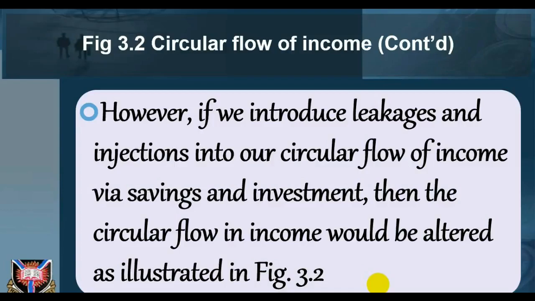This represents an injection into the circular flow. An injection is an addition to the income of domestic firms, which does not arise from expenditure of households, or an addition to the income of households that does not arise from the sale of factor services to the firms.